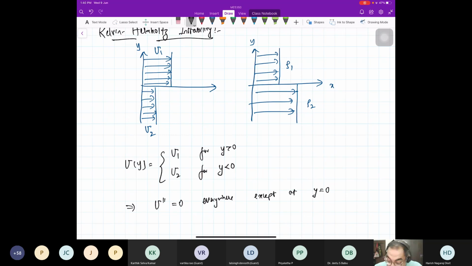We'll come to that later. I won't be able to go into solving this problem. This is a standard problem in fluid mechanics. You'll find this in any of those textbooks. But I'll give you what we get from solving this equation.